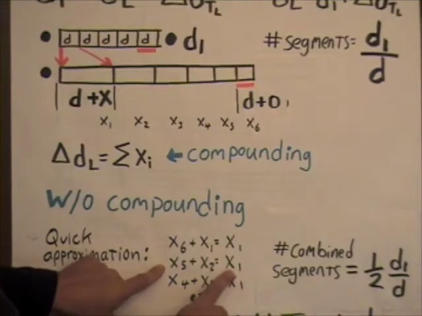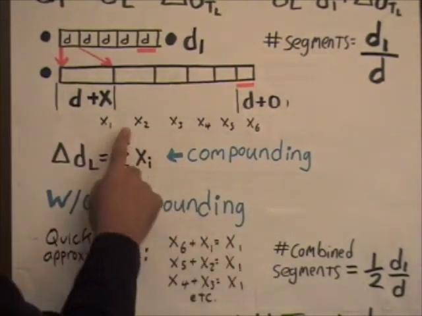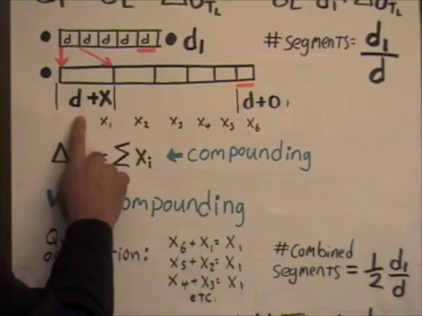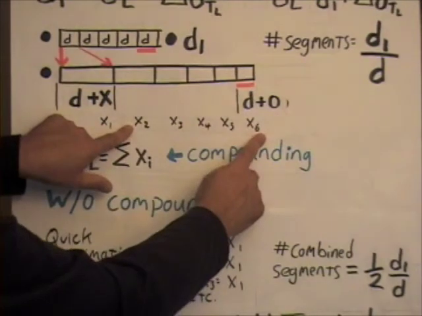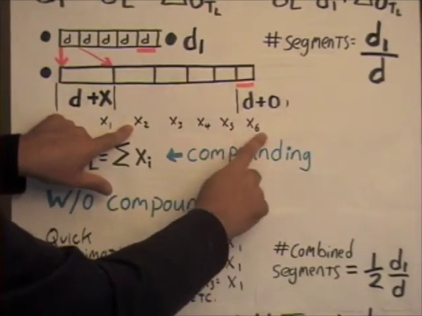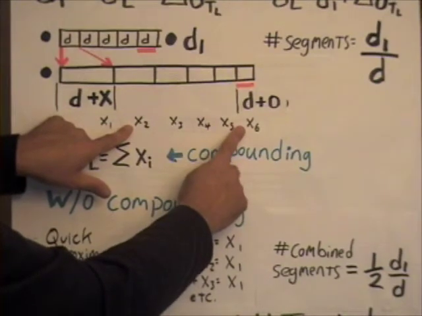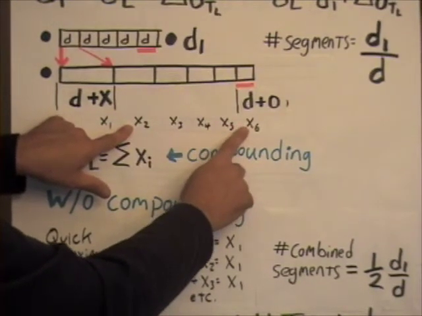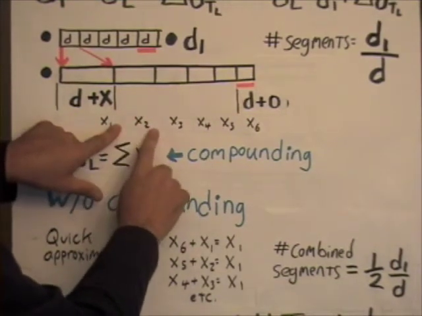Then, if we assume that we can get the same result by adding the second to last change in distance with the second segment from the beginning, in this segment space will have expanded a little bit more, and in this segment space will have expanded a little bit less.